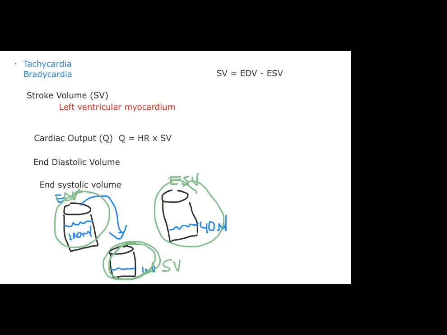The amount of blood coming out of the ventricle in one contraction depends on the amount of blood that was in there when it was full minus the amount of blood that was in there after we emptied it.